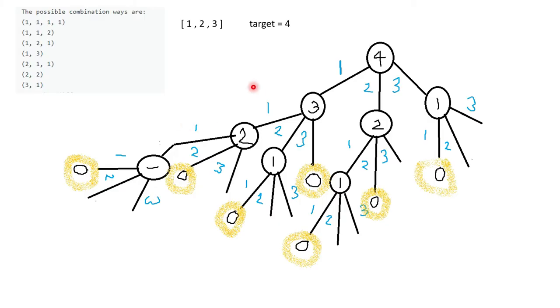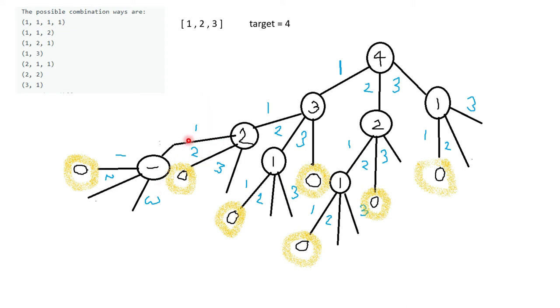So back to the diagram. Here, when we are reducing our target, suppose the target was 2 and we are using all the numbers 1 to 3. For 2, how many results did we get? We got 2 results, one is this 0 and another is this 0. That means if my target is 2, by using 1, 2 and 3, I can get a total of 2 combinations.